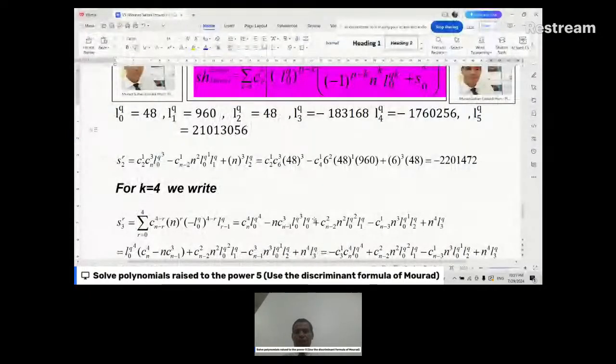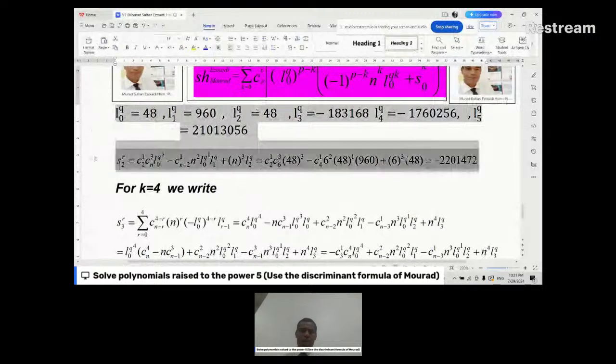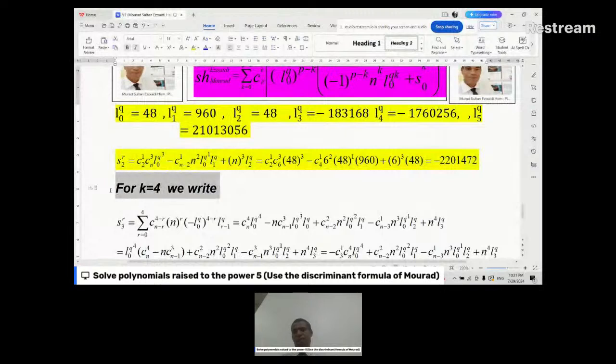Now, learners, as we obtained the value of S2, we should find the value of S3. To obtain the value of S3, just put k equal 4 in the discriminant formula of Mourad Sultan Ezouidi.